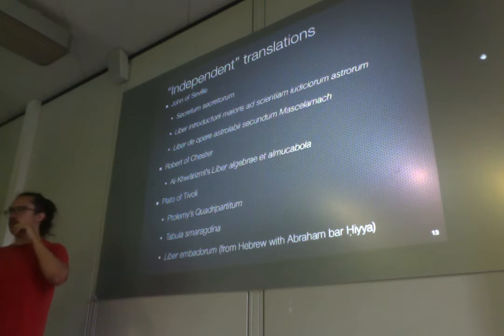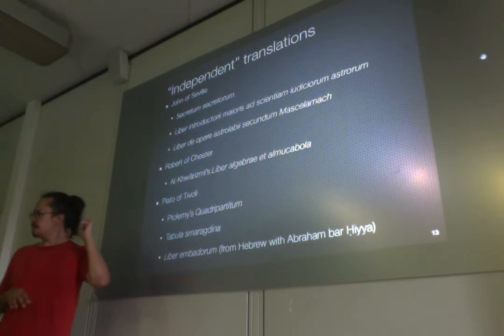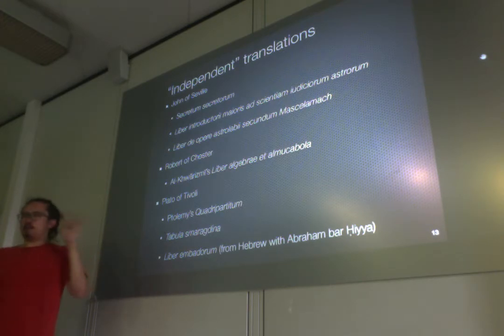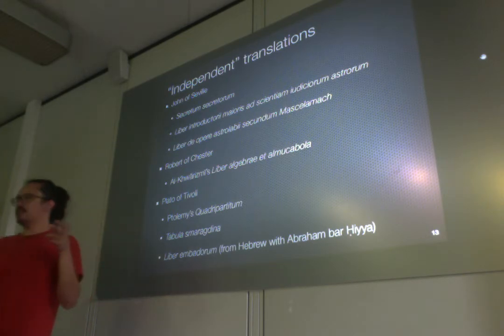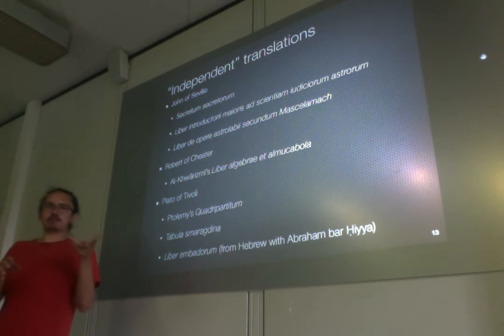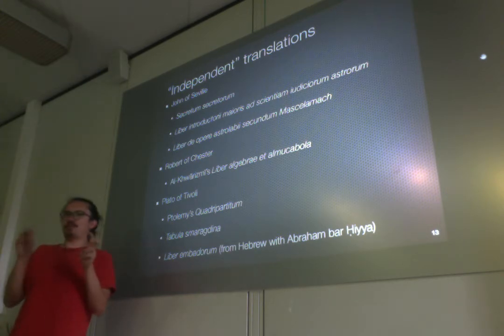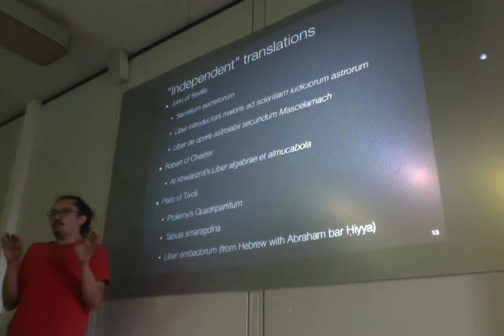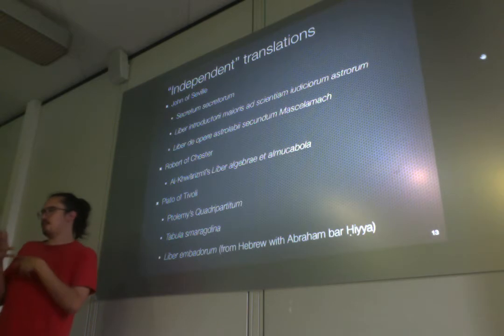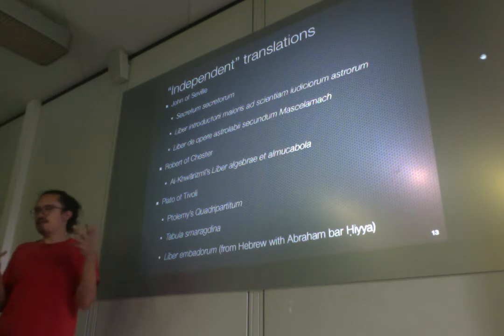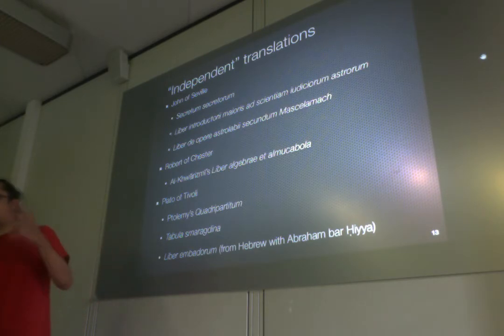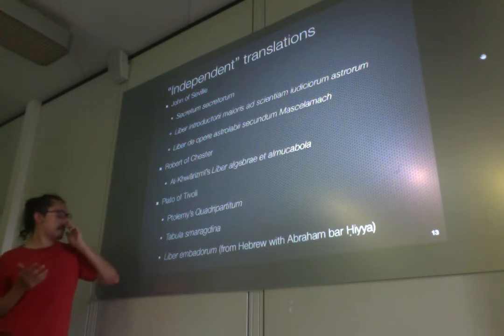There's this very big paper of Julius Ruska, I think, about 100 pages long, regarding the many different renderings, if they are renderings, from Greek into Arabic, because some authors portray the Tabula Smaragdina as a translation from Greek, but it doesn't seem so, and we have many different Arabic versions of it.